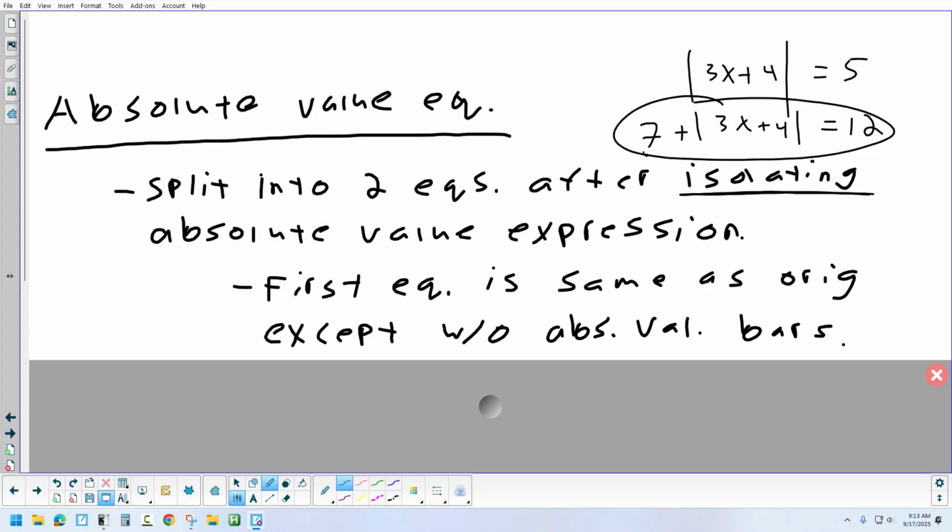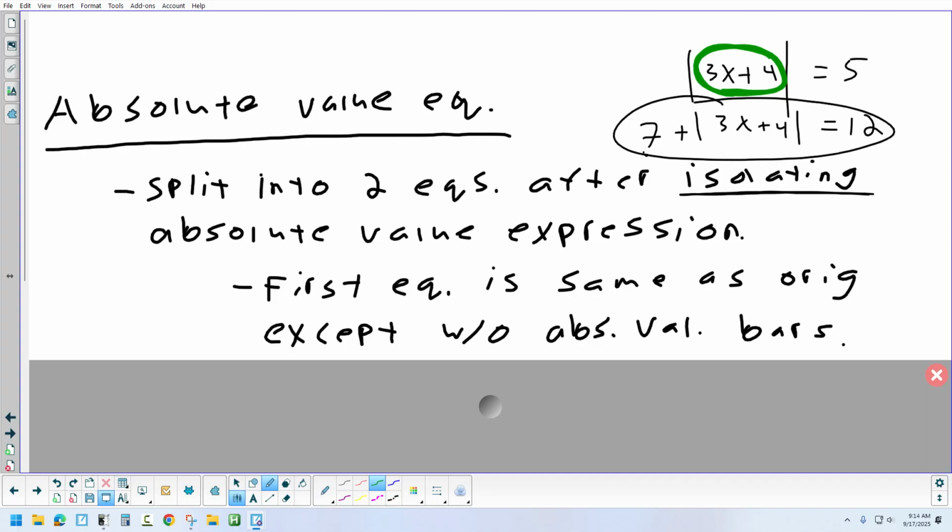Now, looking at that top one again, absolute value of 3x plus 4 equals 5. What is inside here can come out to two different numbers, and they will both work. What are the two numbers that 3x plus 4 could come out to?